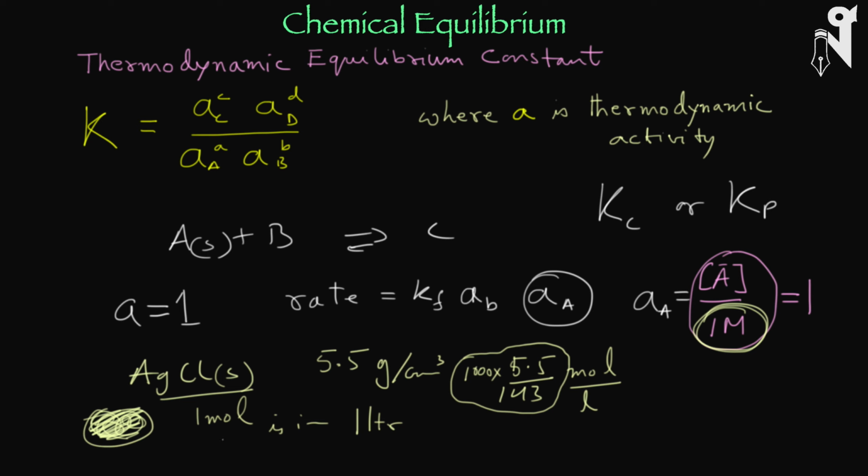That is impossible. 1 liter of AgCl will have so many moles no matter what, because the density is a constant. So those many moles per liter would be the standard form. So all the time the concentration of AgCl with respect to its standard concentration would be the same, so the activity is going to be 1.